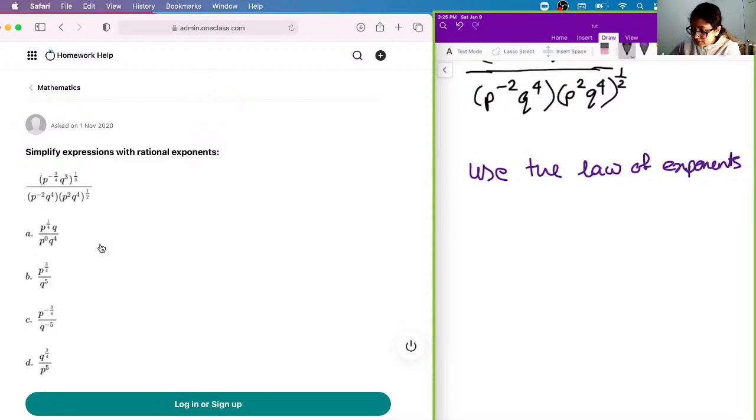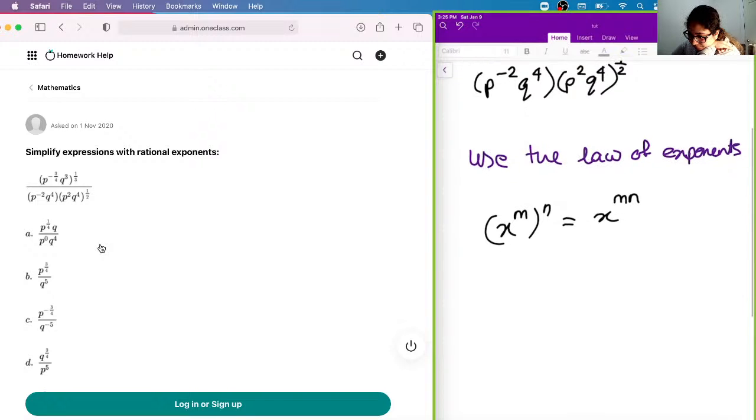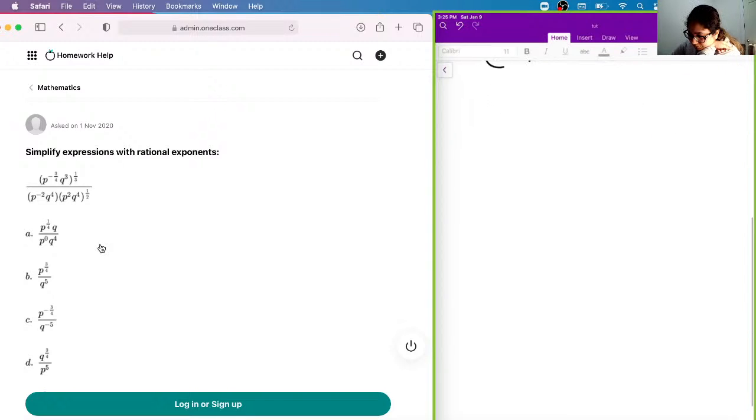The law of exponents says x to the power of m, to the power of n, is equal to x to the power of m times n. To do that, we're going to simplify the numerator and the denominator.